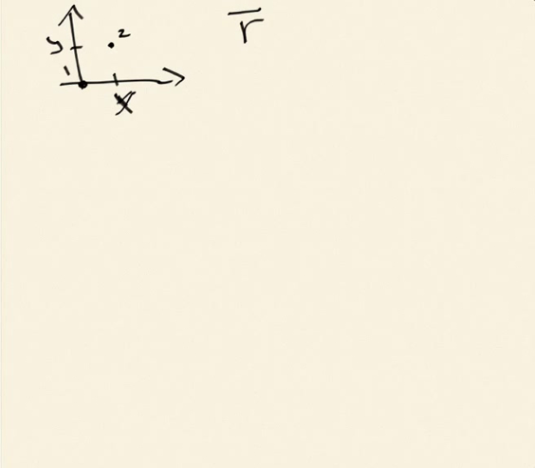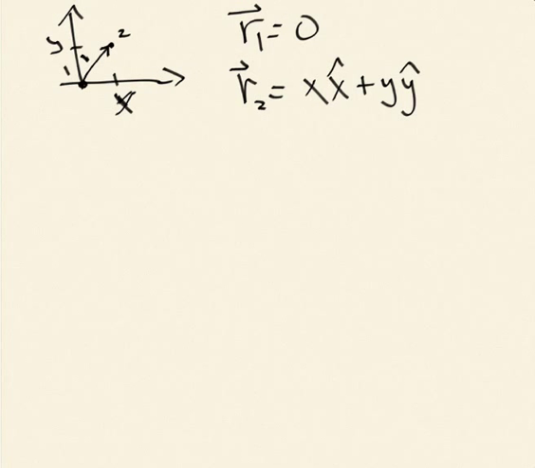So in this case, little r1, the location of the first particle, is 0. R2 is going to be x x hat plus y y hat. That's going to be the vector that points to the location of 2. This is R2 here. And if I want to know the force on particle 1 due to particle 2, I want to know the distance from 2 to 1, and that's going to be the opposite of R2.